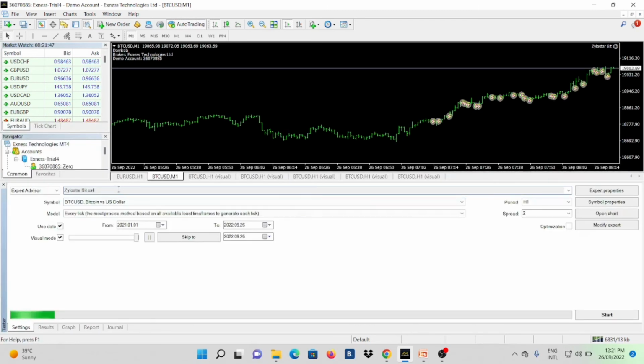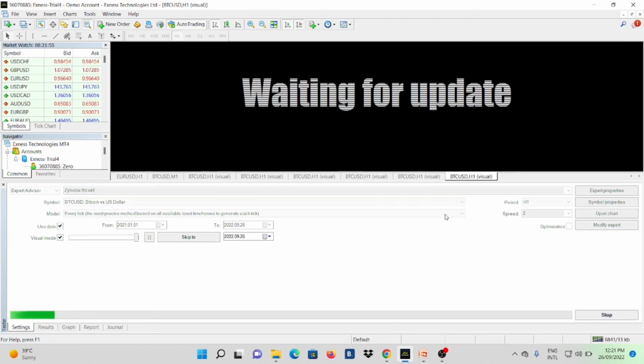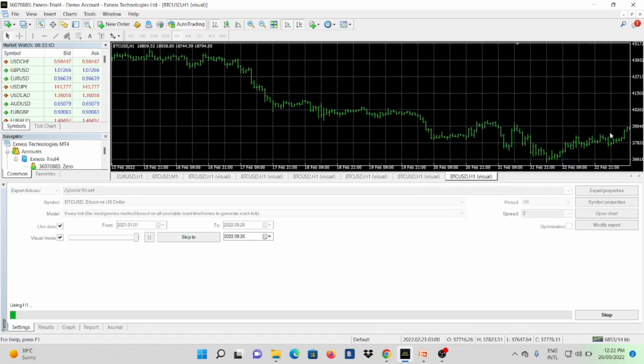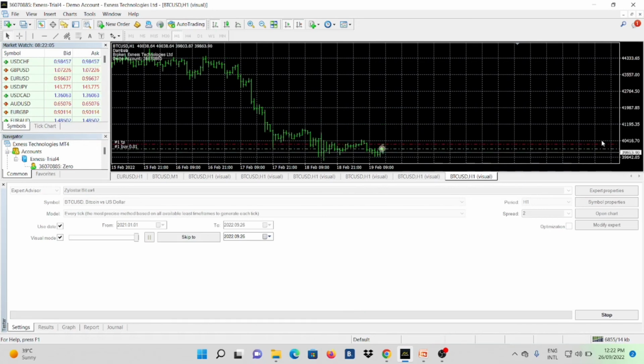You can see that our bot name is Xylostar Bit, and it is trading on Bitcoin. I'm going to start it here, and the auto trading software is loading. You will start to see trades happening on this chart automatically.